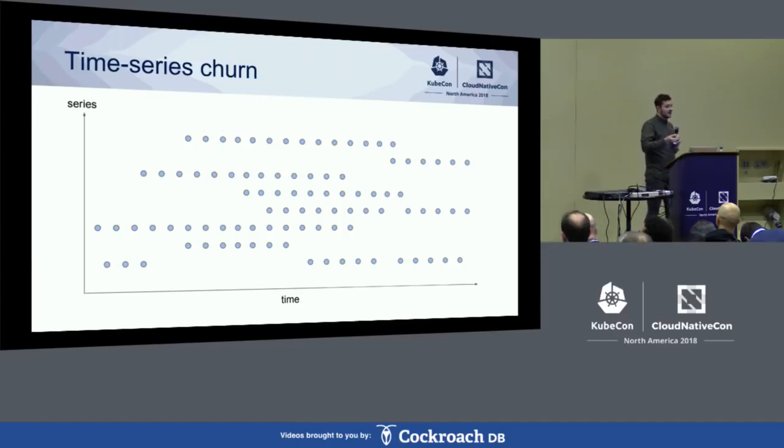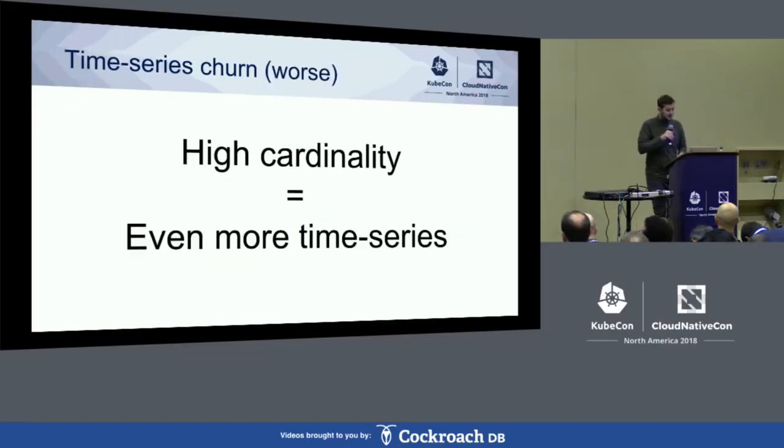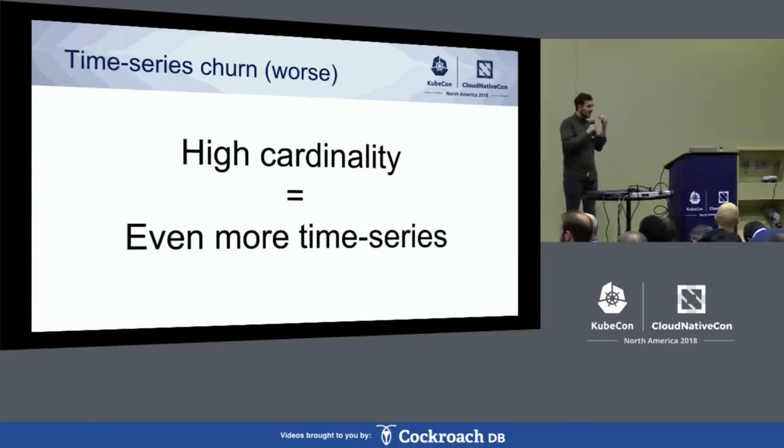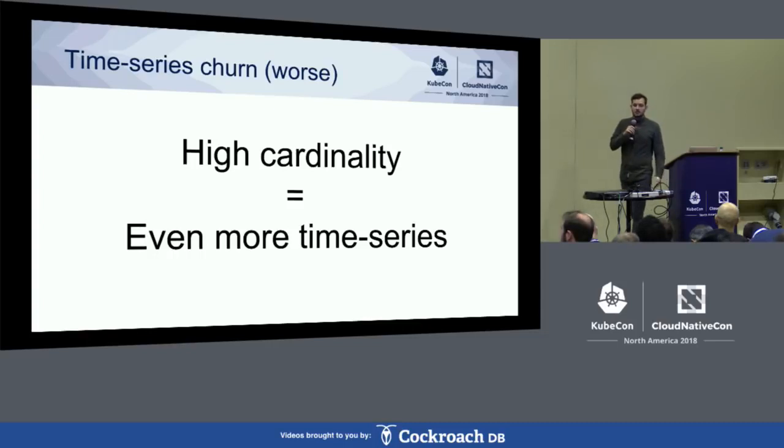We specifically had this problem that there were lots of pods coming and going in Kubernetes, and that meant there are a lot of time series that keep being created and stopped. And to make that problem even worse, people like insight, and that's a good thing, but it also means that it's that much more data. So the more labels we have, the more time series we're going to produce, the more load we put on Prometheus.